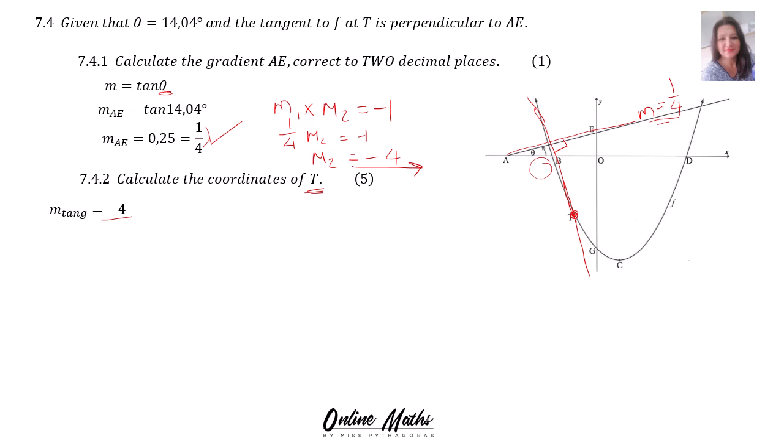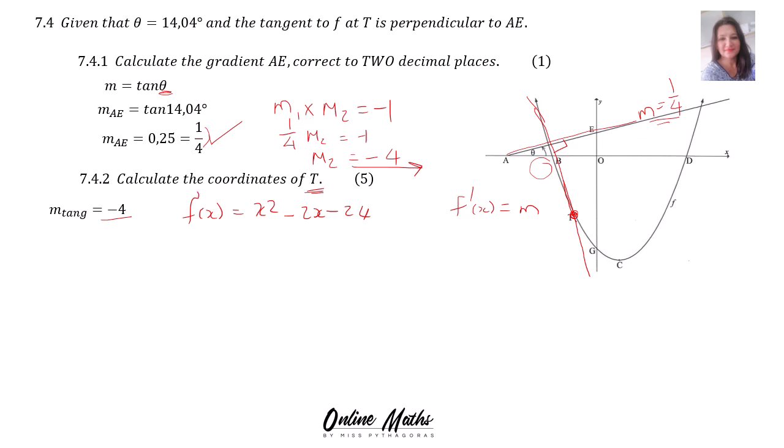So again, when we find the derivative, the definition is that the derivative is in fact the gradient of the tangent to a function. So our function was this parabola f of x is x squared minus 2x minus 24.